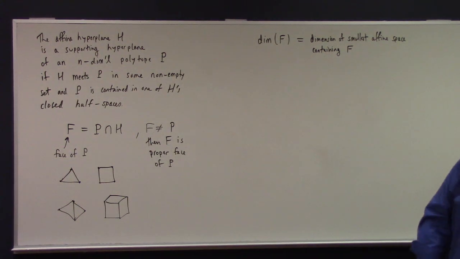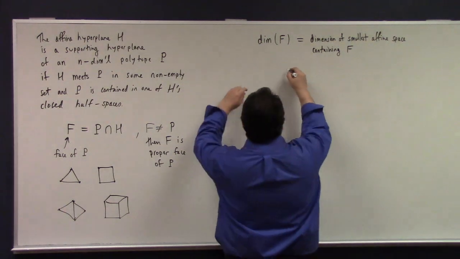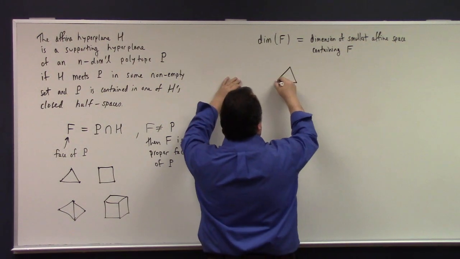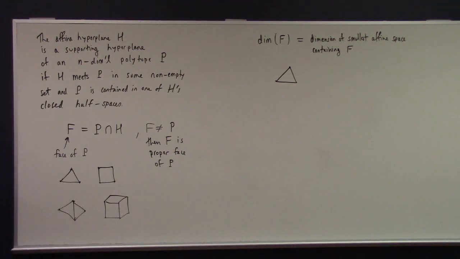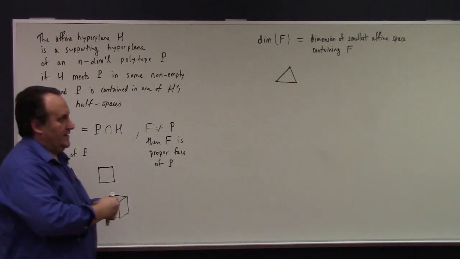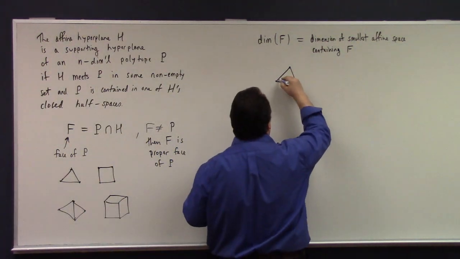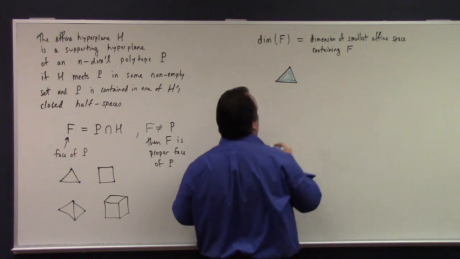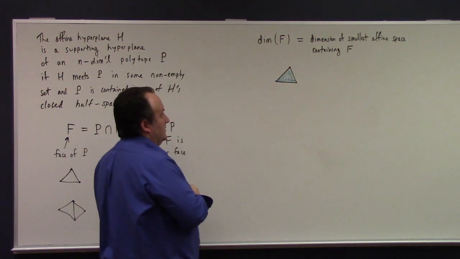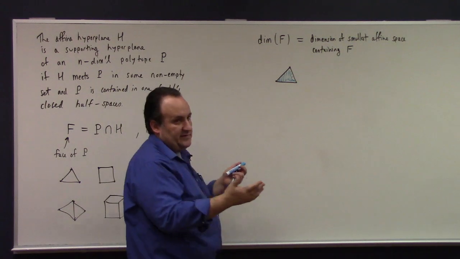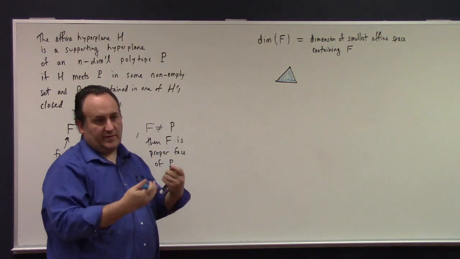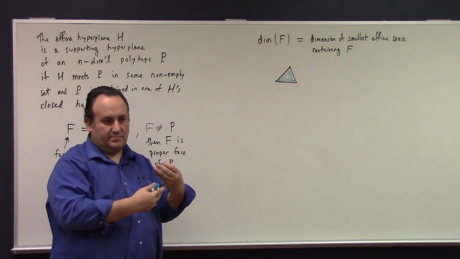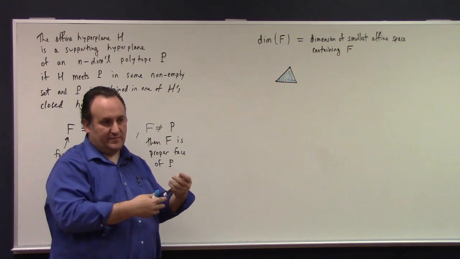So if you think about the triangle as the polytope, let's talk about the shaded-in triangle. If you think about the whole triangle intersecting with the plane of the board, the smallest affine subspace which contains the entire triangle is two-dimensional, so I make it a two-dimensional face.